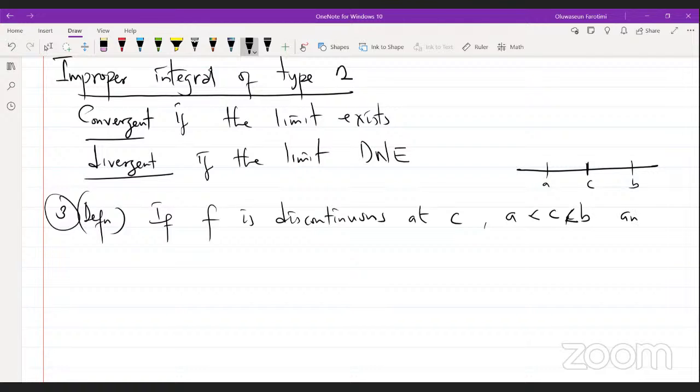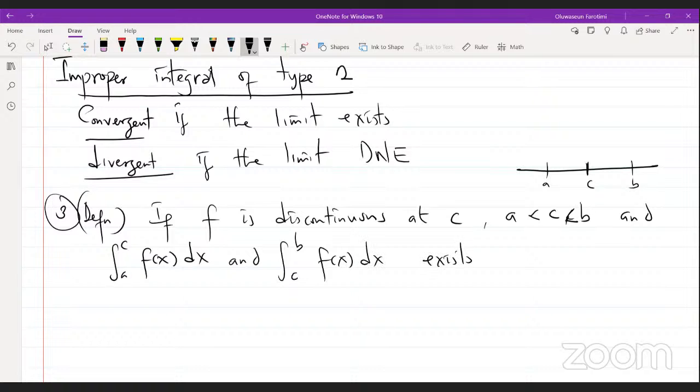Okay, so you have the integral from a to c of f of x dx, and from c to b of f of x dx. If these integrals exist, then what happens? Now remember, when you're going from a to b, I can split it. Do you guys remember the splitting I mentioned earlier on? You can go from a to c, and then you can go from c to b.